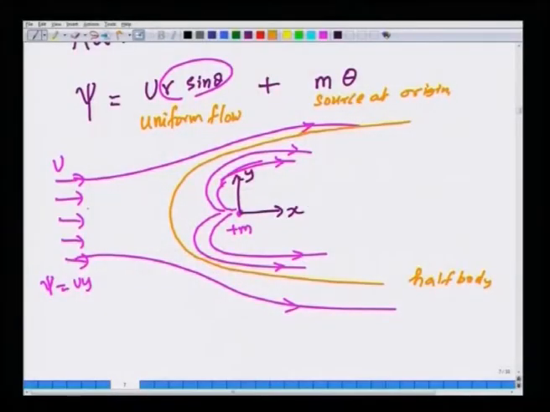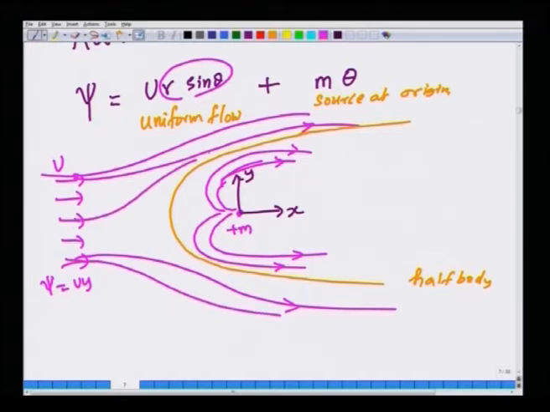So if you have a closed streamline like this, fluid is flowing past it, like this and like this. In fact, fluid is flowing past this shaped body, called the half body. By merely superposing two simple flows, a uniform flow and a source at the origin, we almost get the potential flow solution to flow past a solid body.